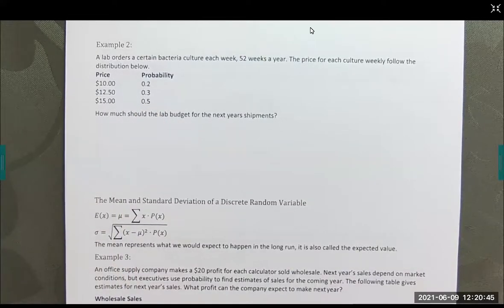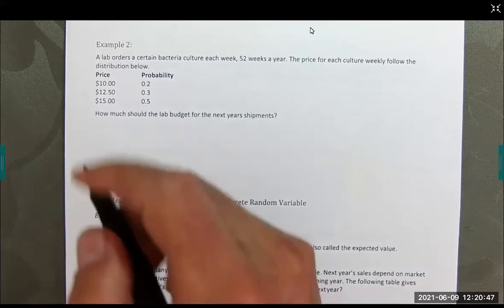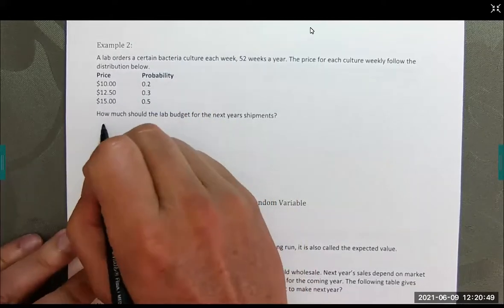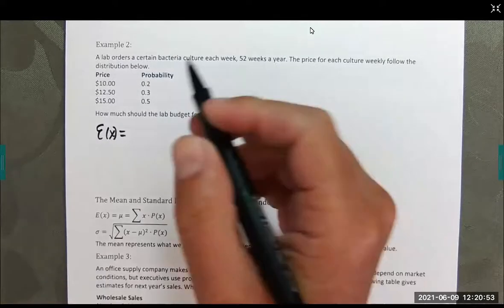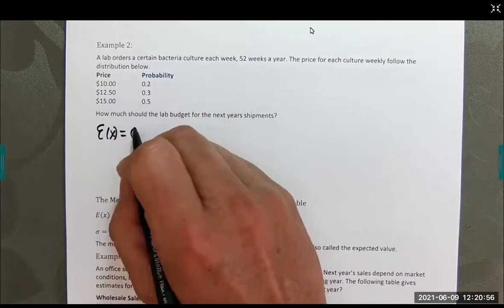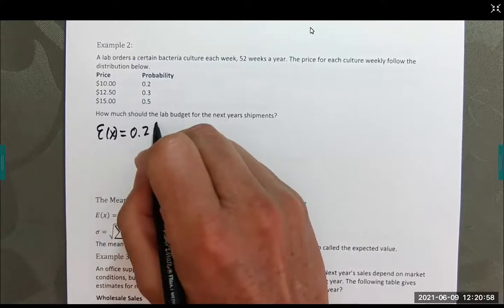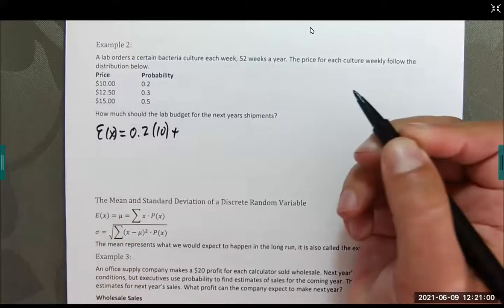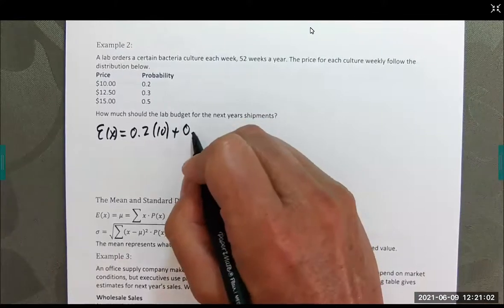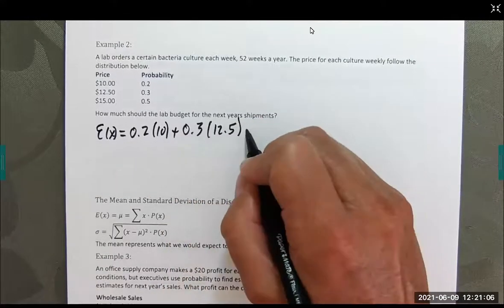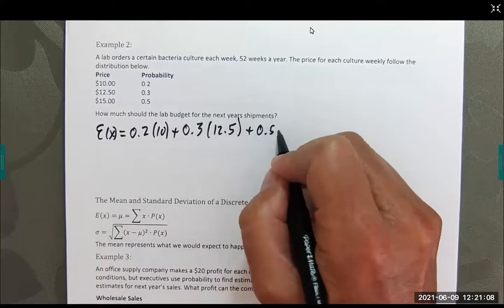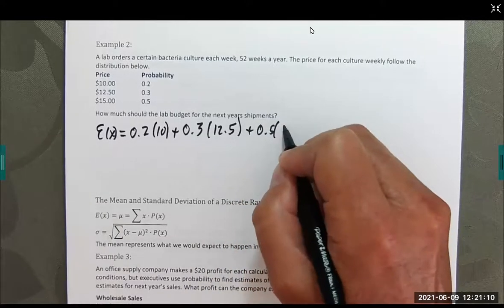Well, what we're actually looking for is the expected value. And this is going to be the probability times the price each time. So 0.2 times 10 plus 0.3 times 12.5 plus 0.5 times 15.